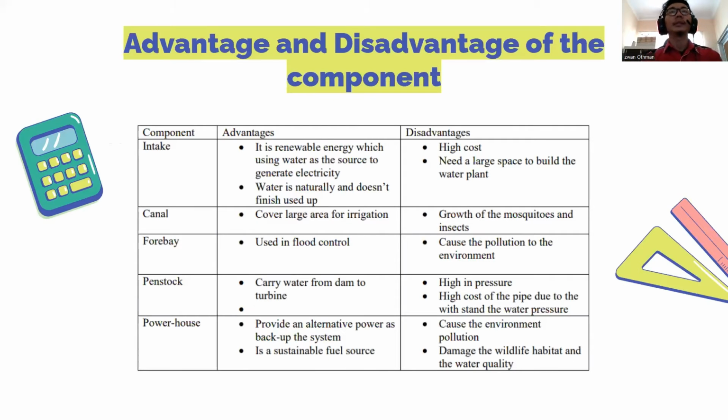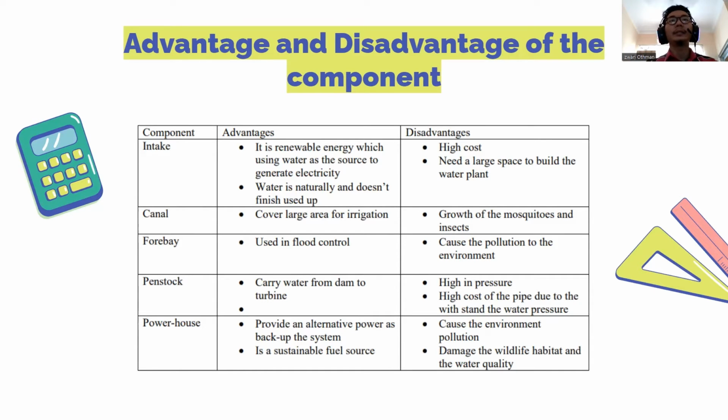Okay, next is the advantages and disadvantages of the components. From the 5 components used for this micro hydro system, each has its advantages and disadvantages. The first one is intake.